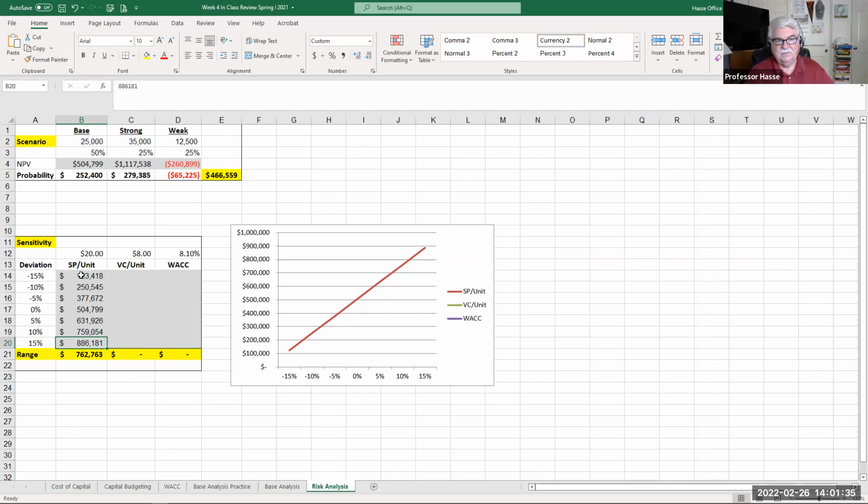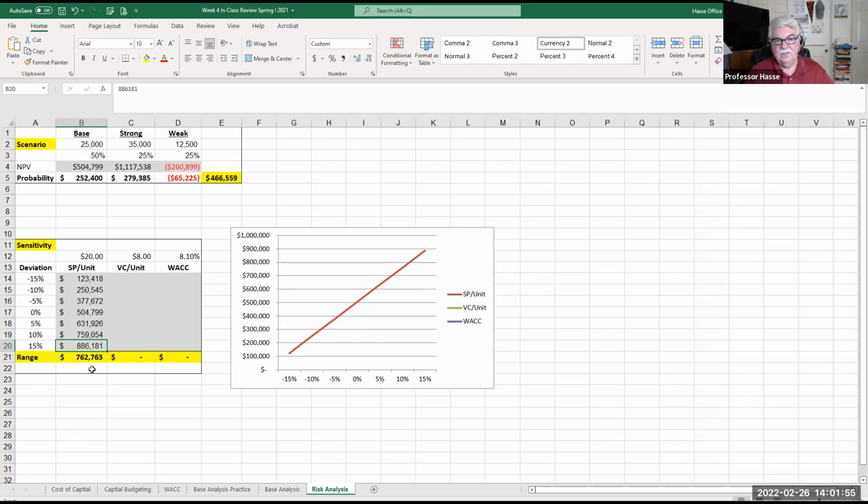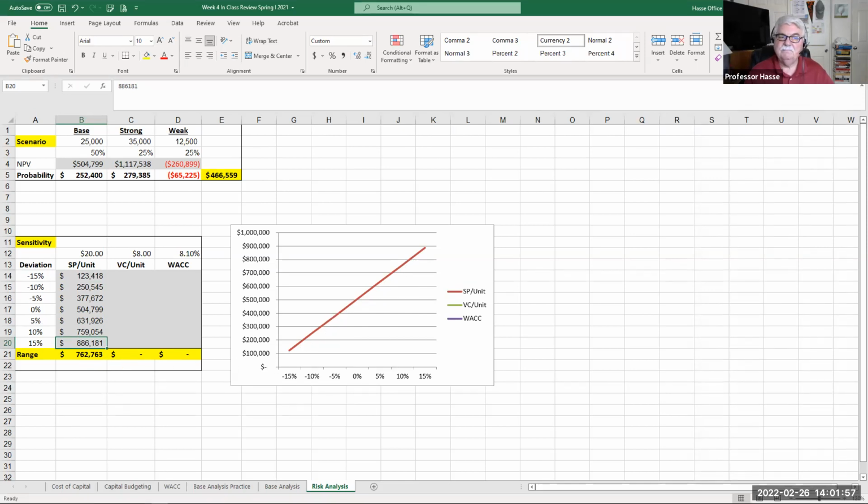The total variances, top to bottom, are 776,000, 762, 763, from 15% reduction to 15% increase in selling price. That's the range, and the range dictates the steepness of this curve. The higher the range, the greater the slope.